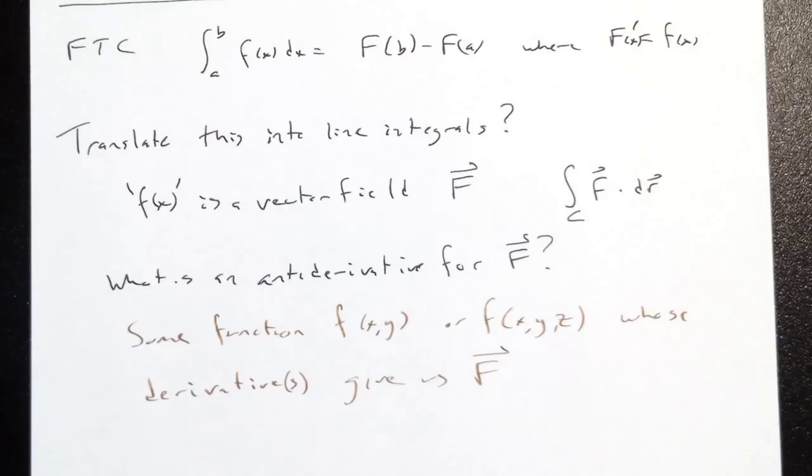But if the derivatives give us a vector field, then anything can be more than one derivative. In the homework, what did we actually do in the homework that said, oh, here's a function, and when I take all the right derivatives, I get my vector field? We didn't just take one derivative, we took all the derivatives.